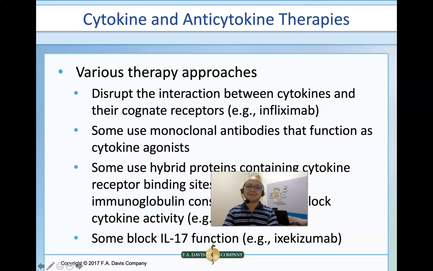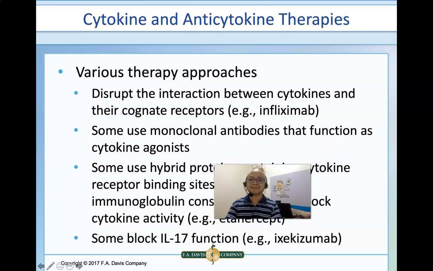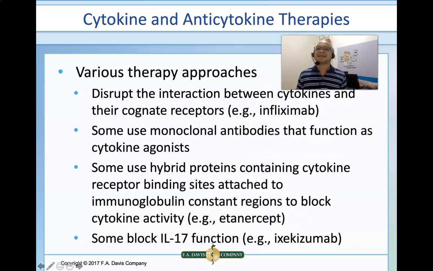Okay, so let's talk about various therapies and approaches. Sometimes we do not want cytokines to be exaggerated, so they need to be reduced. So that's why there are some drugs that may disrupt the interaction between cytokines and receptors, such as infliximab. Some will utilize monoclonal antibodies that may serve as cytokine antagonists.